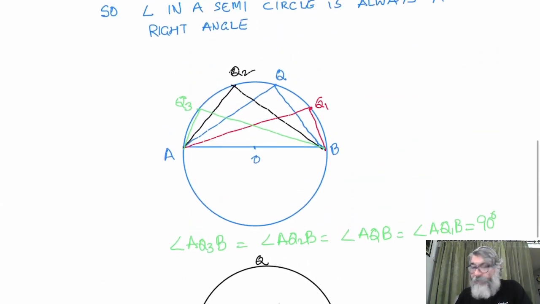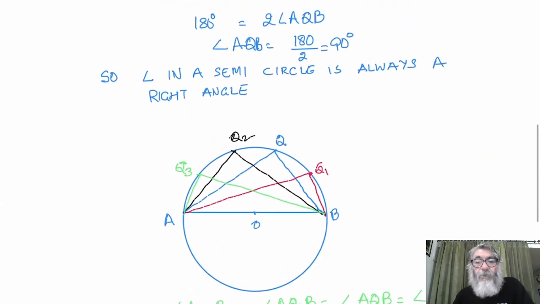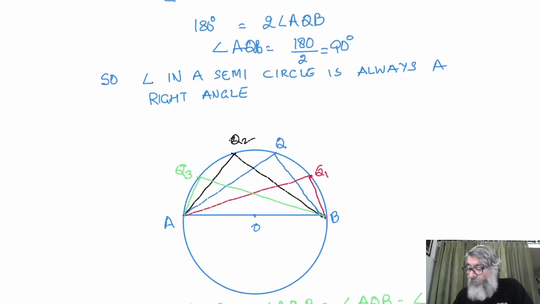Similarly, in the figure which I have drawn in more colors, AOB is the diameter, the biggest chord of the circle. And this upper portion AQ3, Q2, Q, Q1B, A is a segment. Angles in the same segment of a circle are equal.